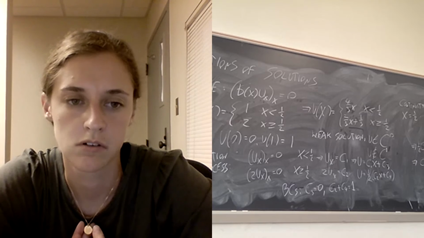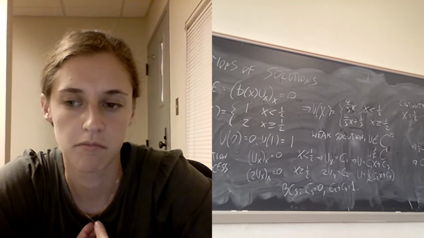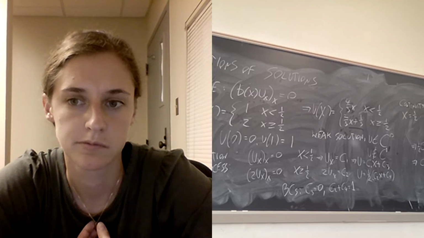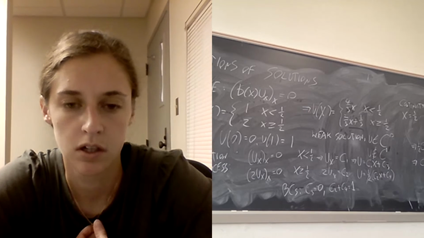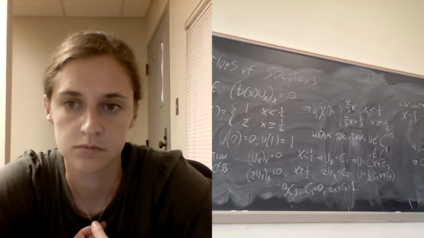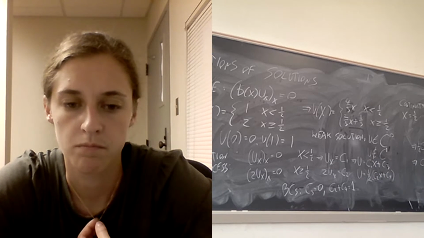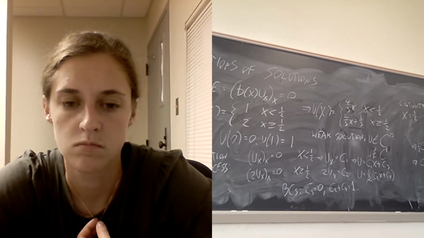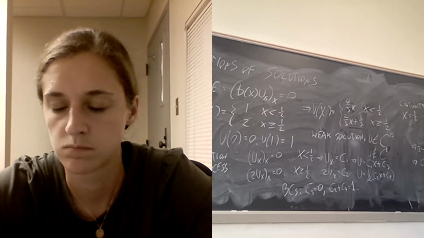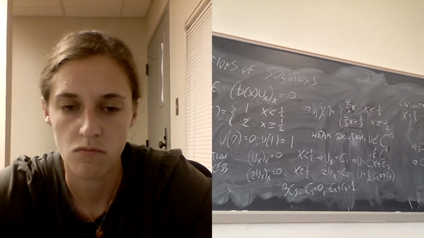Can anyone see how I might be able to actually get a C1 solution after all? As in continuous derivatives? Because the derivatives are C1 and C2. If they were equal, then my solution would be C1, not just C0. And it turned out that is satisfied here. If I add these coefficients together, I do in fact get 2.